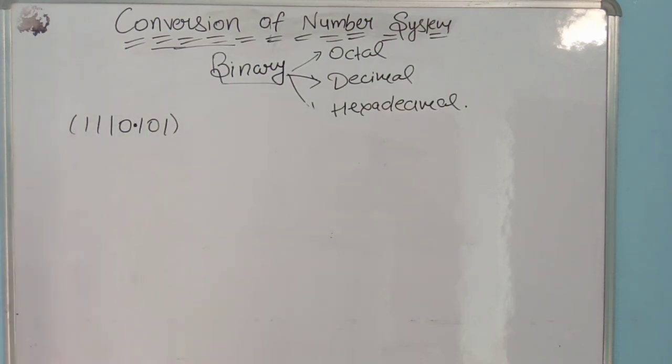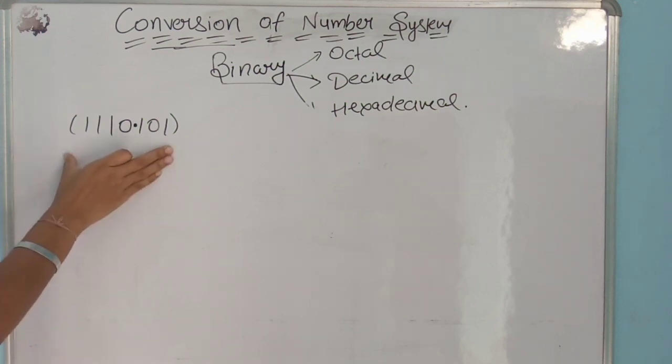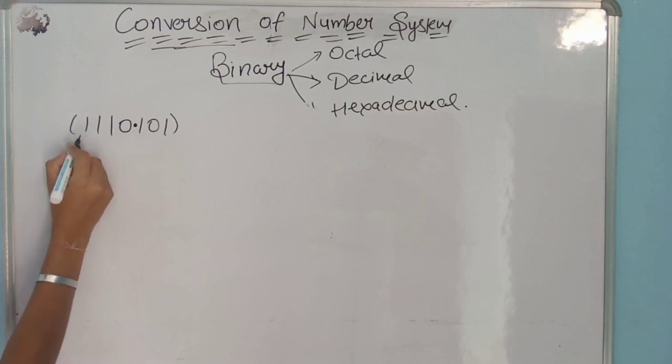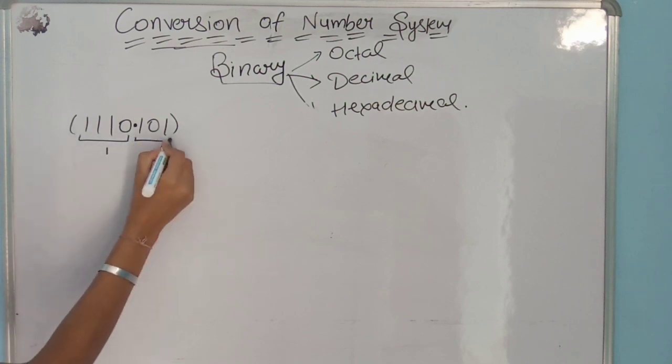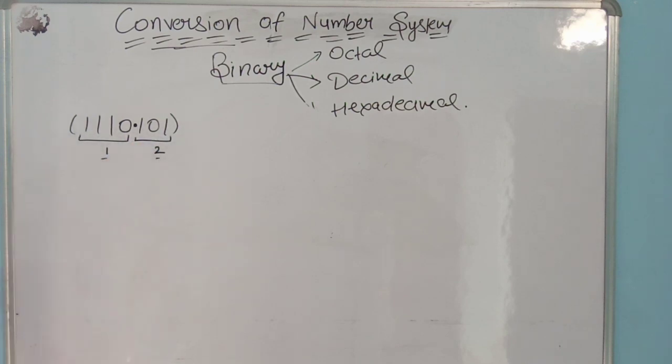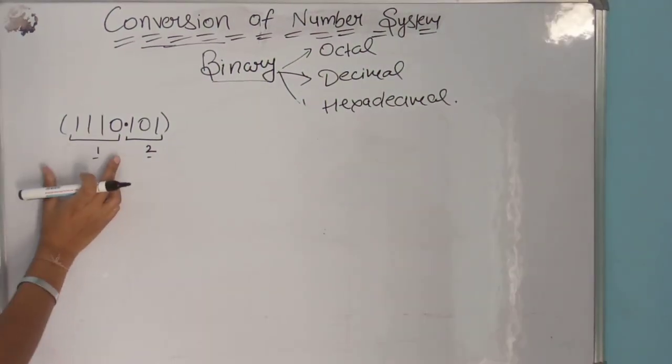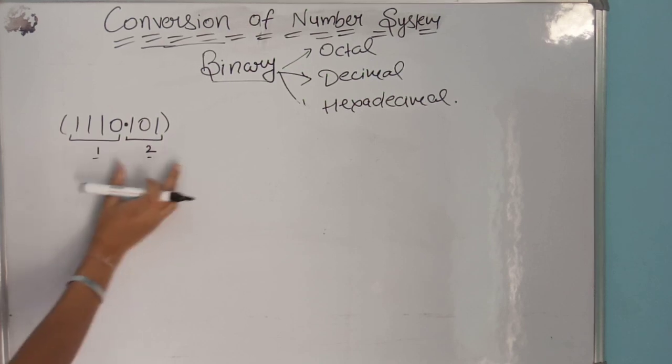Here is the decimal point, and now how can we convert this number into octal form? Now our question is divided into two parts. This is the first part, and this is the second part of our question.